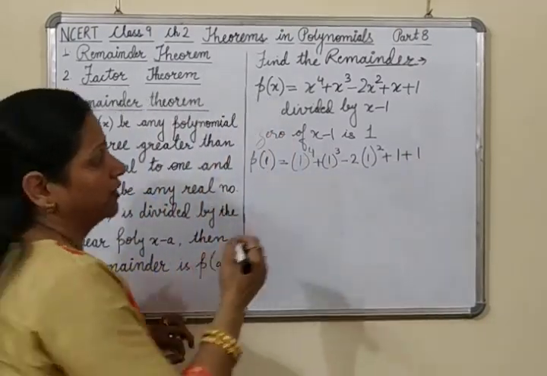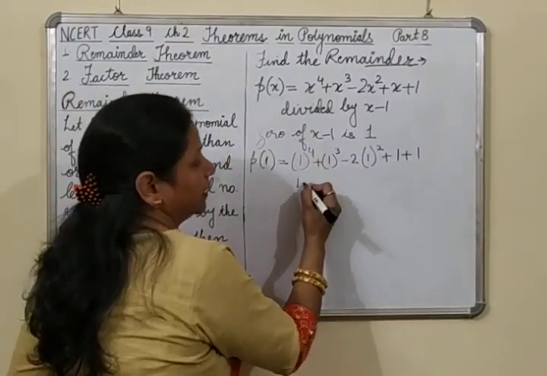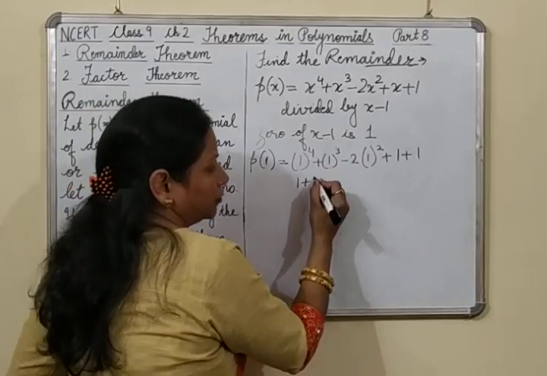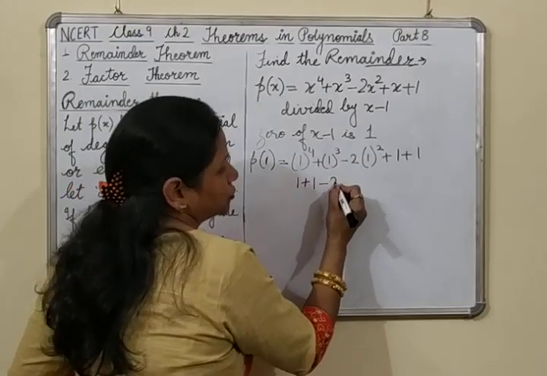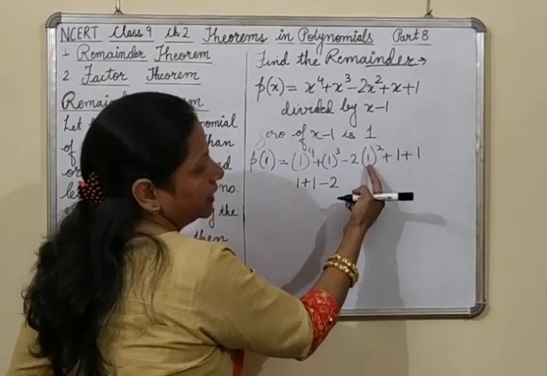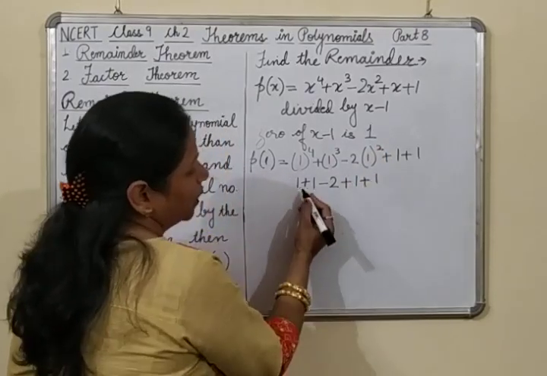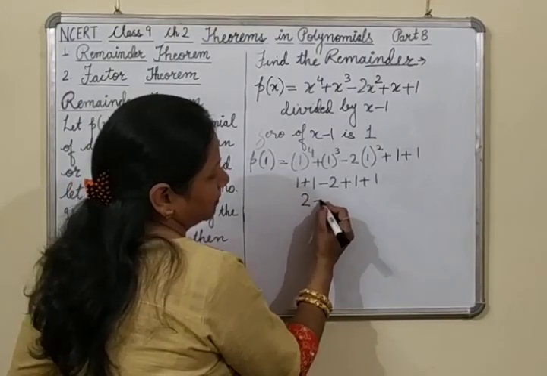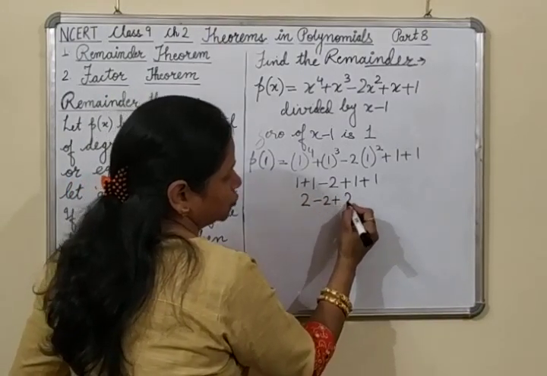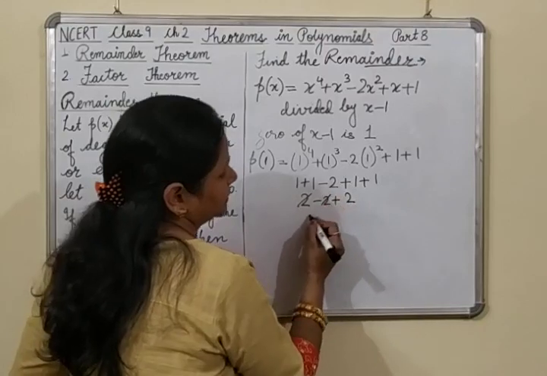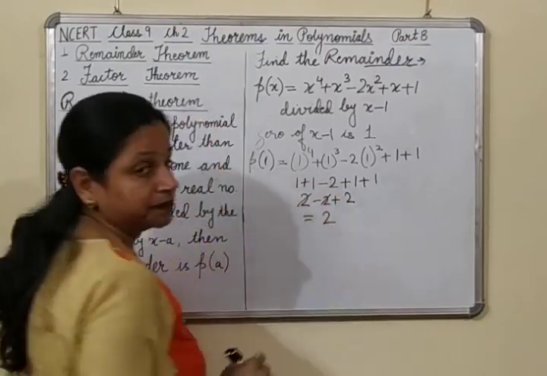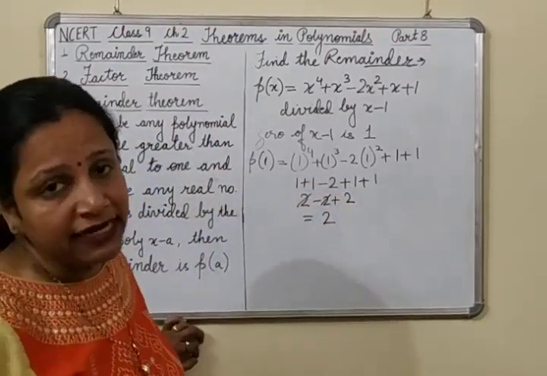Right? Now can you solve it? 1 raised to the power 4 will be 1. 1 raised to the power 3 will be 1. Minus 2, 1 raised to the power 2 is 1, and 2 times 1 is 2. Plus 1 and plus 1. 1 plus 1 is 2. Minus 2 plus 2, plus 2 and minus 2 cancel. What is the answer? 2. We are getting 2 as the remainder.